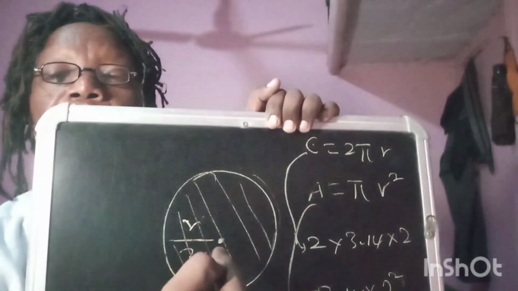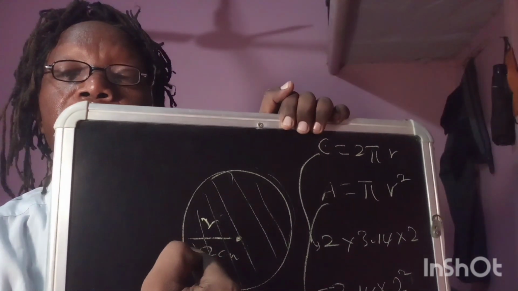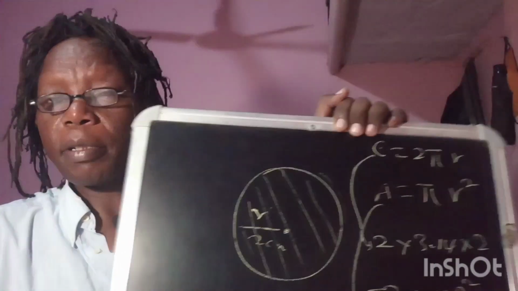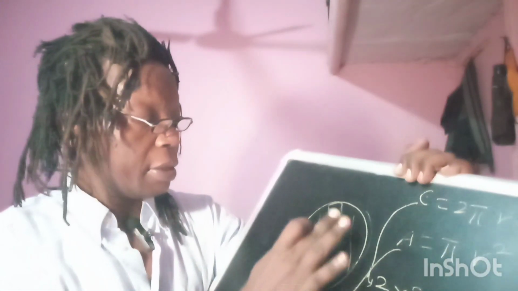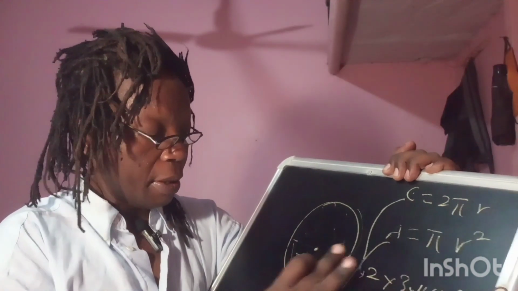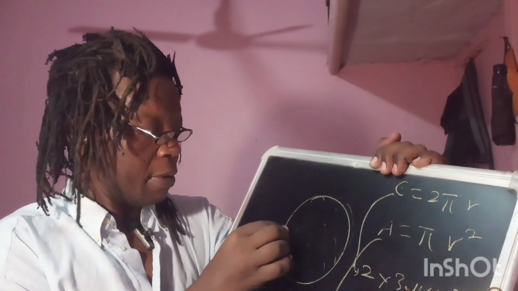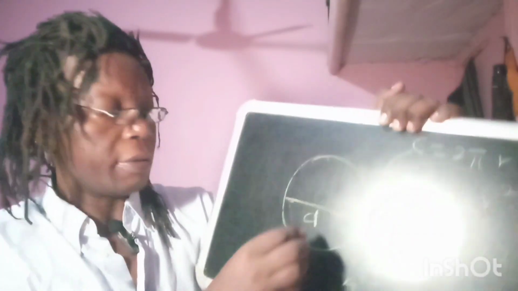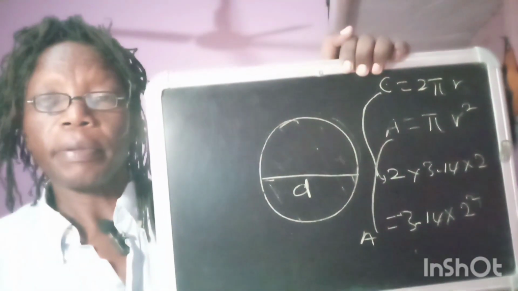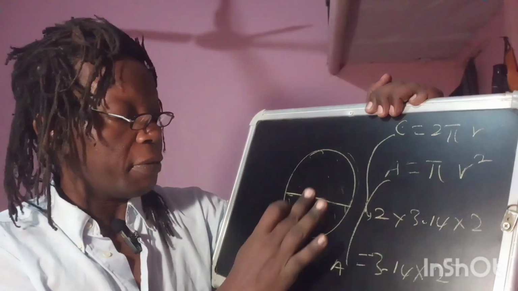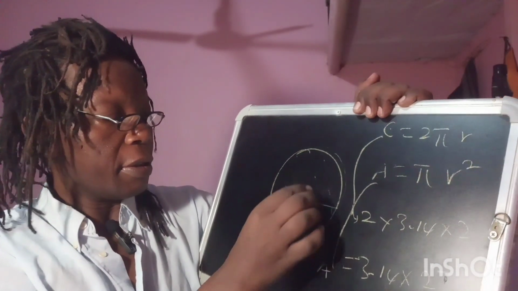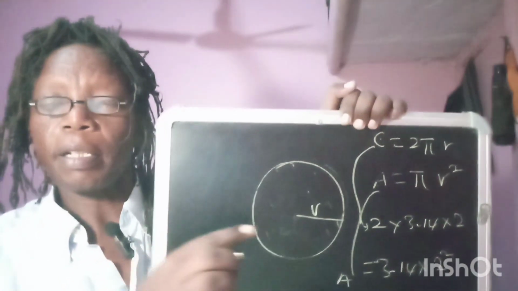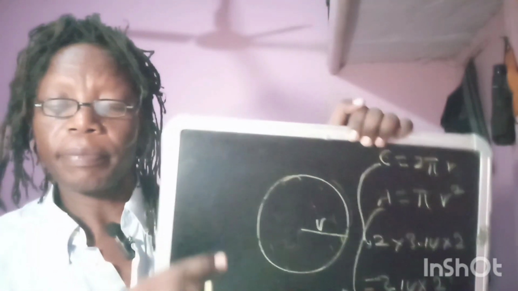So from here to here is the radius, and from here to there, let me just draw it to make it much clearer. This is the diameter d. Now if we take half of this, it will be the radius, half of the entire length here.